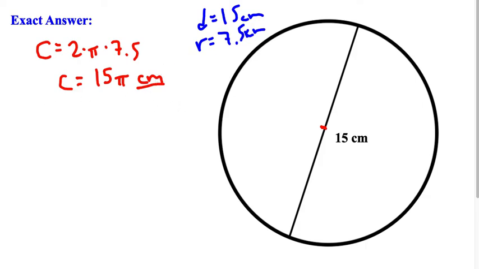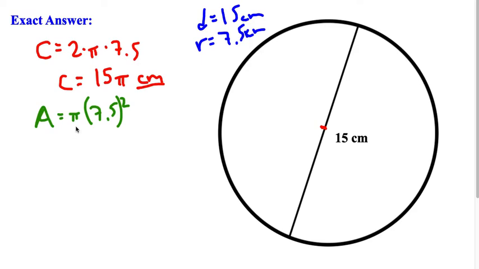Something similar happens when you find the area. It just gets a little bit trickier. For that, we're going to need a calculator. But the area would be pi times the radius, which we now know to be 7.5, squared, which means we're looking at, now all we really need to worry about when we're finding exact answers are just any regular numbers.